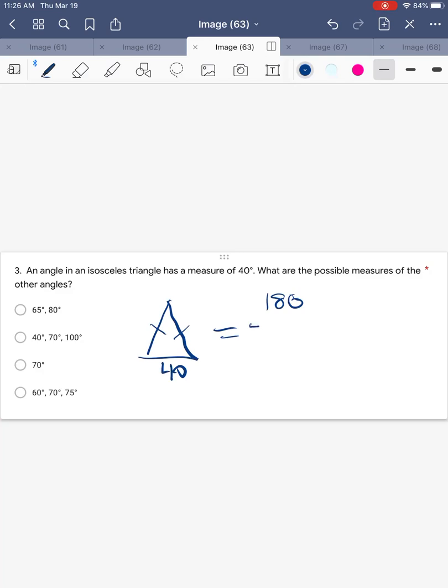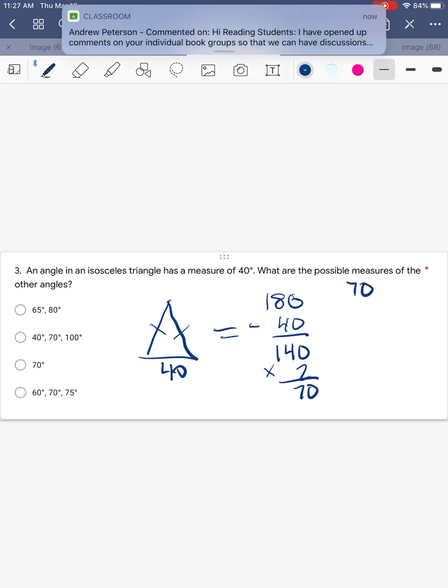So if I take the 180 and I subtract the 40, and that would be assuming that the 40 is the one that's different of the three. So then I end up with 180 subtract 40 is 140. So the other 2 angles would be equal to 140. So I could divide the 140 by 2, and that would be 70. So we can know that 70 would probably be one of those.